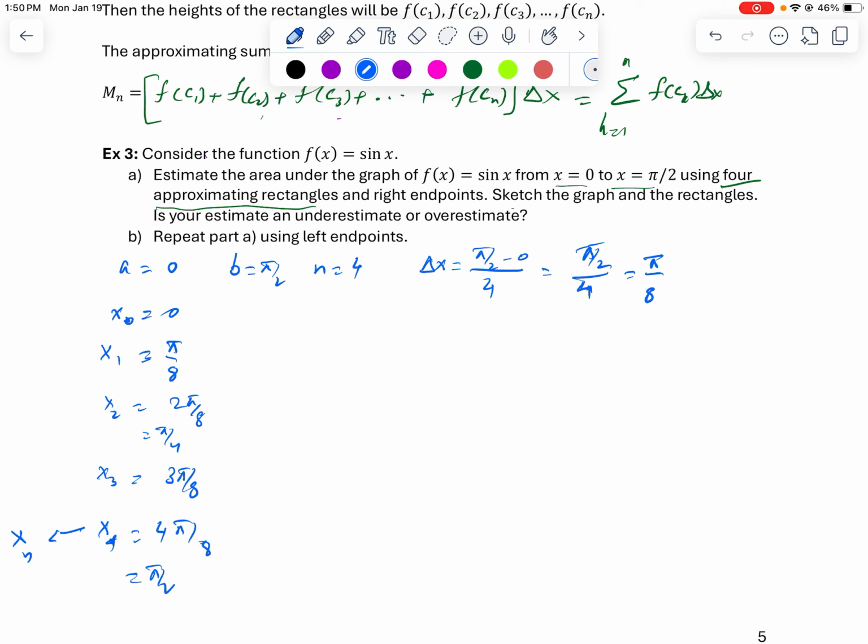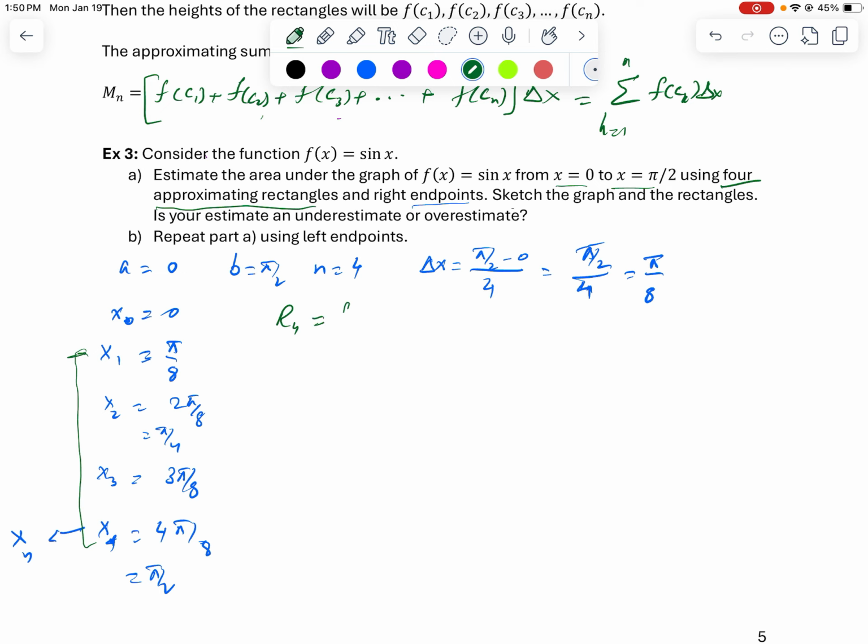Okay, so now in order to find the approximating sum using the right endpoints, where will we start? We will start at x1 and have all these in our sum. So basically we are calculating r sub 4.